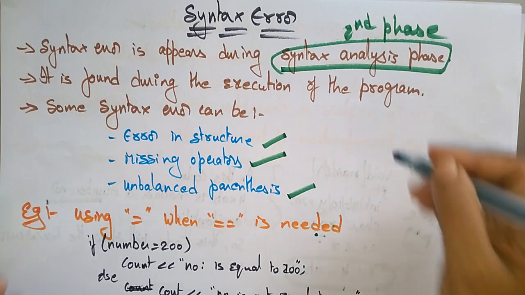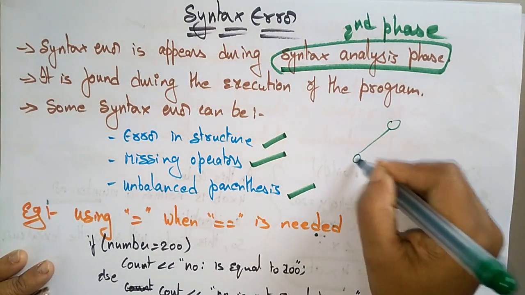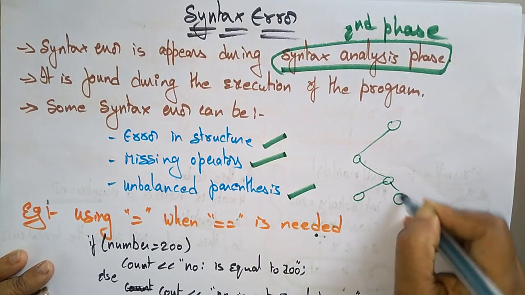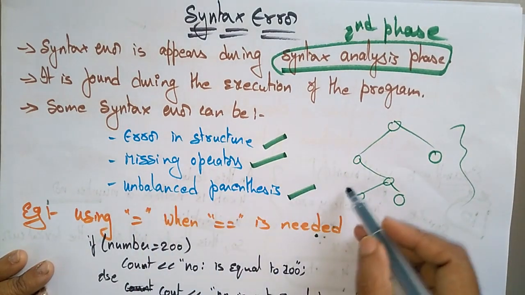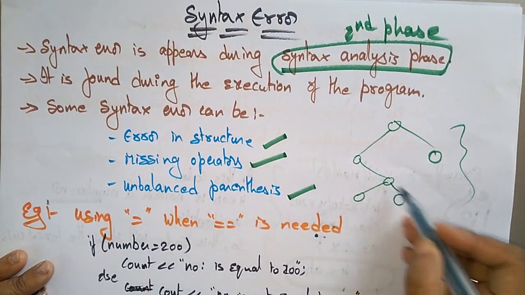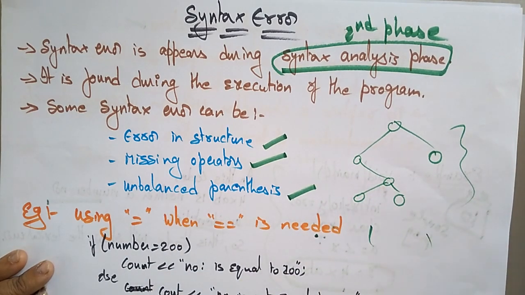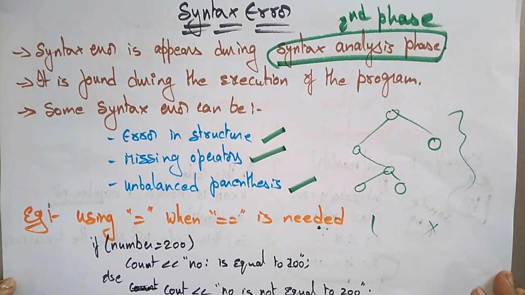The syntax analysis is going to generate a parse tree, that we know. Whenever there is an error in structure, missing operators, or unbalanced parentheses, where only one bracket is there and you didn't close the bracket, then the syntax error will be raised.